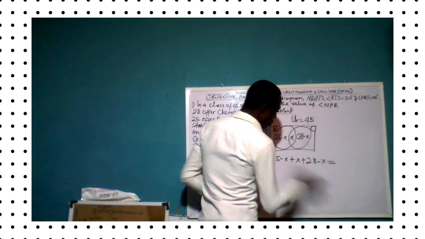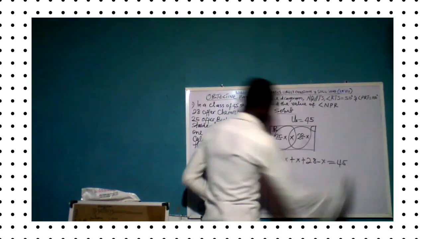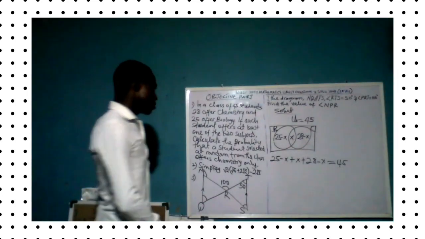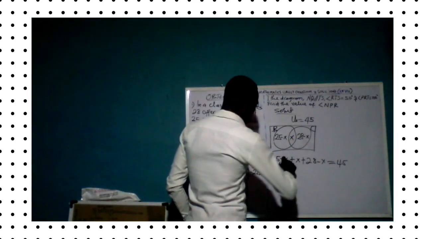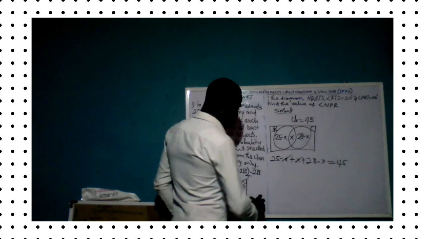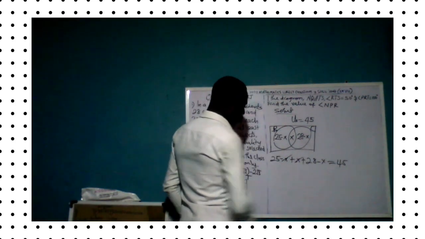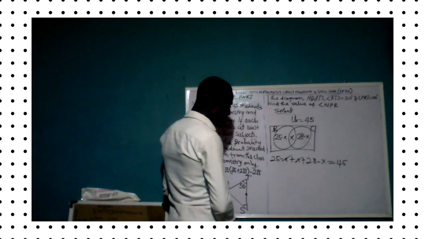The sum of all this will give us 45, the number of students in the class. Minus X will take care of plus X, and we are left with 28 plus 25. That will give us 53.